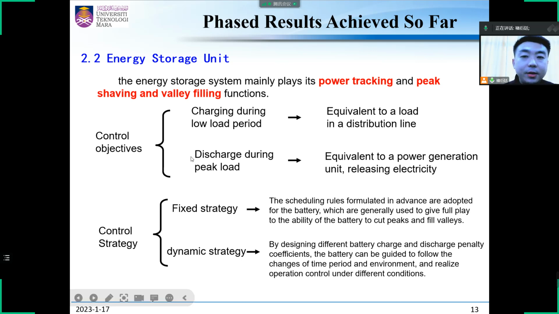Control objectives: charging during low load period, discharging during peak load. Control strategy: fixed SOC and dynamic SOC strategy.